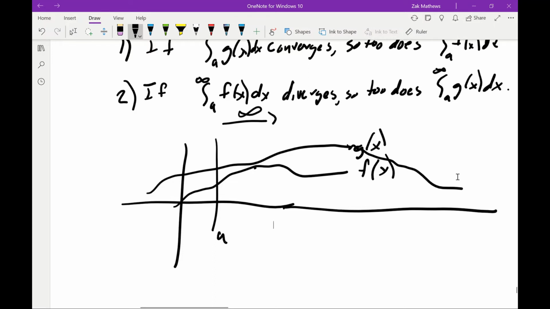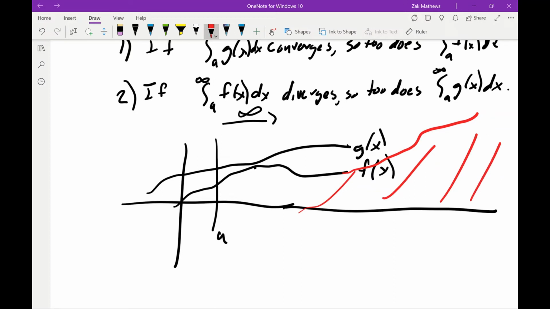G of x is bigger and it's converging, that means the smaller thing also has to be smashed down. But if f of x is diverging, meaning it's getting bigger and bigger, so that area is growing more and more, and g of x has to be larger, that means g of x also has to be diverging. The bigger function can restrict that smaller function, or the smaller function can grow in such a way that, if it's blowing up, that larger function has to blow up as well.